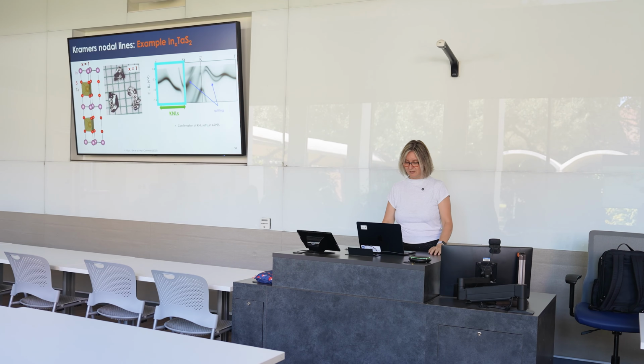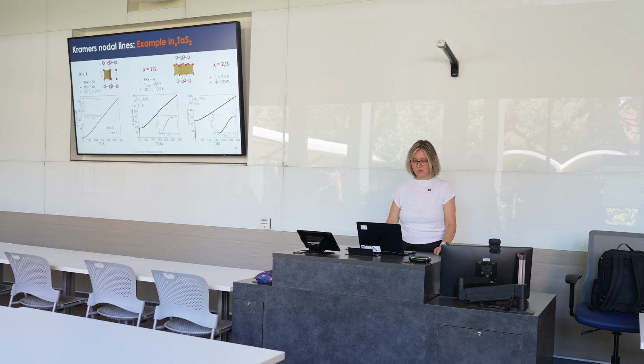That's what Ming and her students did. This is ARPES data from her group, and that's exactly what you see here: the splitting of the bands away from these TRIM points. So this confirms the Kramers nodal line in this intercalated TMD. But more than that, when we measure the transport of those three compositions, one thing they have in common is a superconducting transition that occurs at different temperatures.